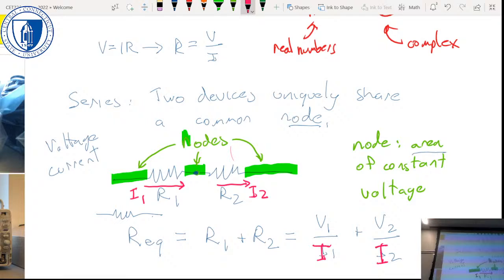So if I have a series of wires with currents I1, I2, I3 and I4 flowing into them, there's a thing called Kirchhoff's current law, which says that I1 plus I2 plus I3 plus I4 equals 0.